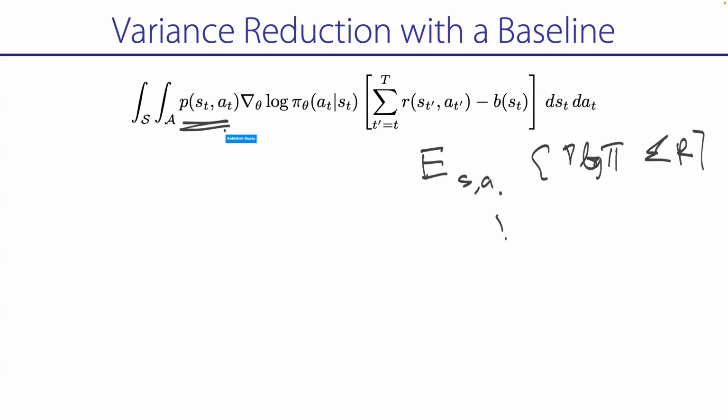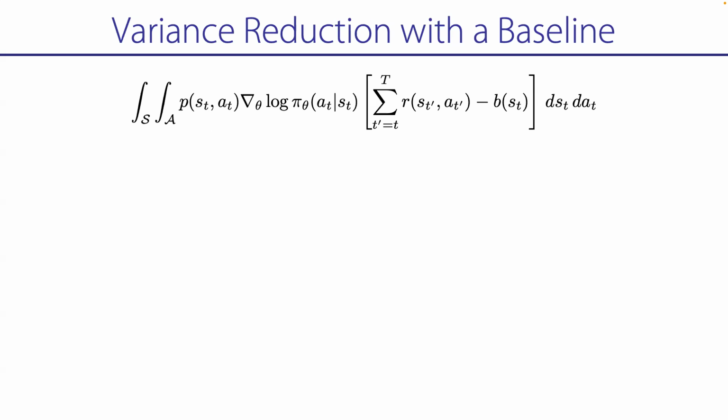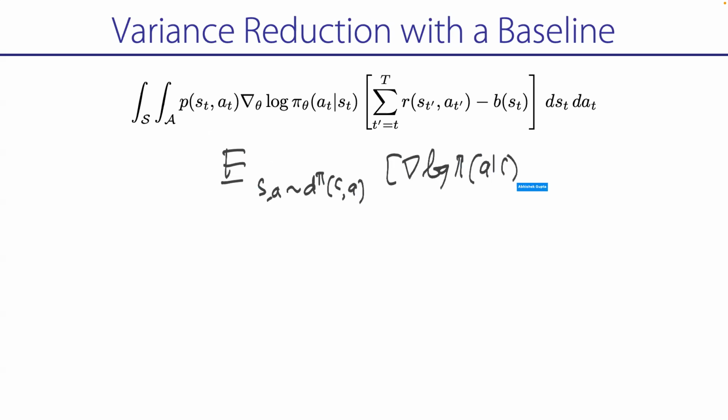If I sample states and actions from my stationary distribution, the policy gradient is the expectation over S and A from my stationary distribution of grad log pi(A given S) times the sum of rewards minus the baseline. Yeah, just the same policy gradient expression. And what I'm going to show is that this expectation is the same as the standard policy gradient, right? So we want that B term to not matter.